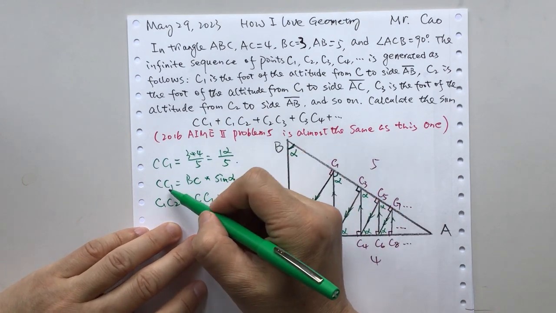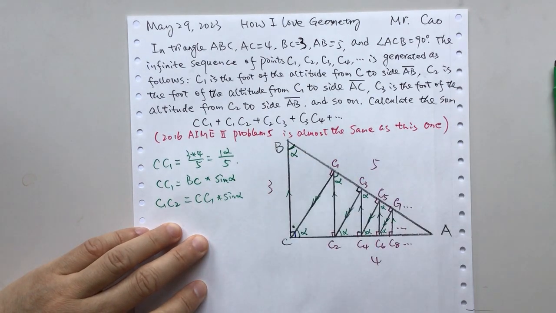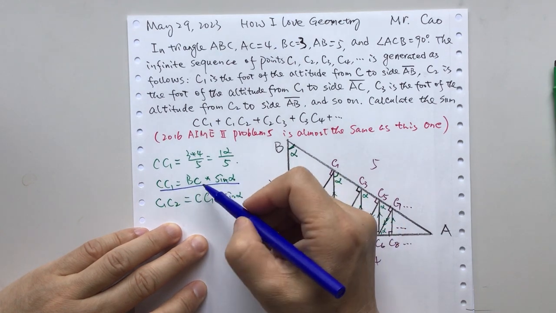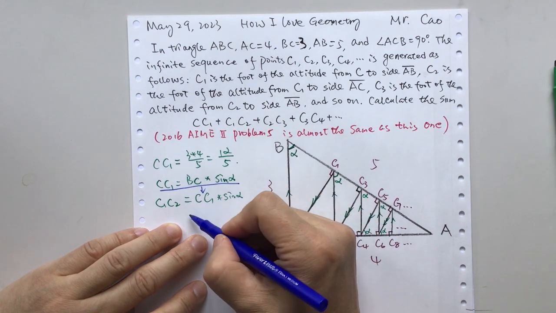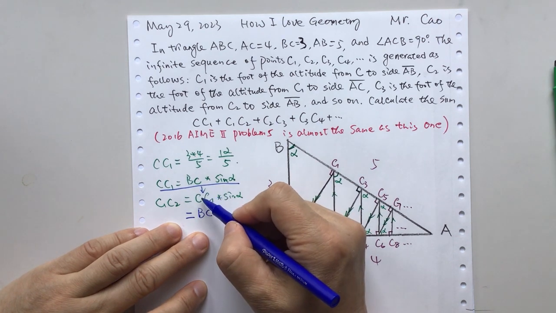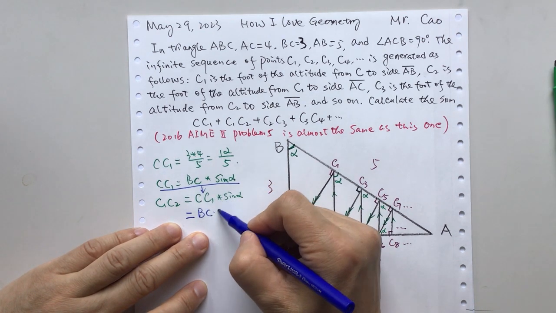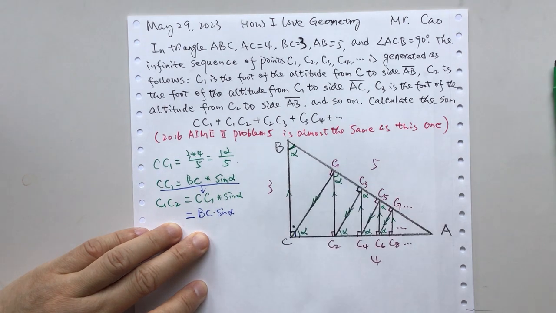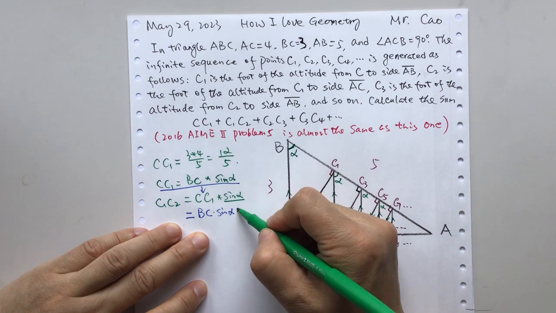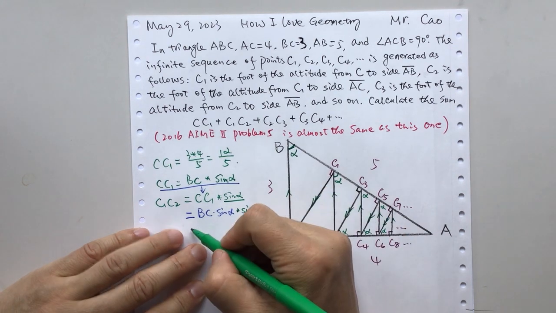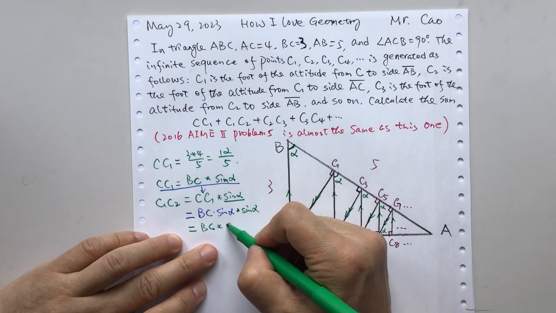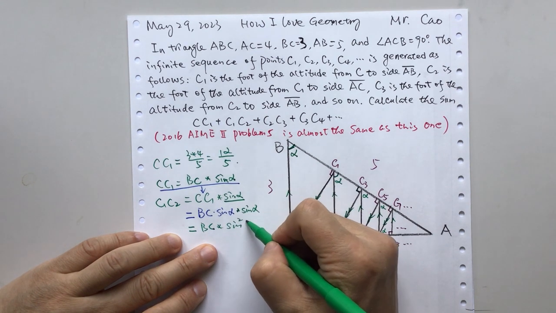And now we can plug in CC1, which equals BC times sine alpha. And here, another sine alpha. So it equals BC times sine squared alpha.